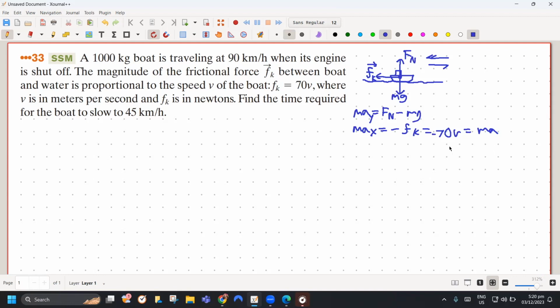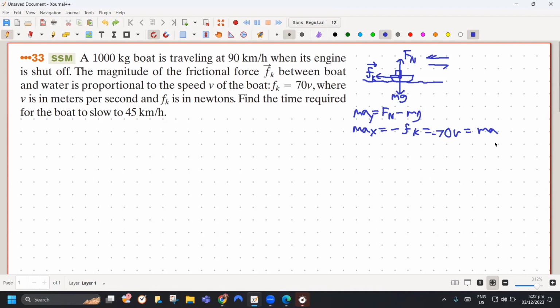What can we do from there? So if MA is equal to negative 70V, ano ba yung relationship?